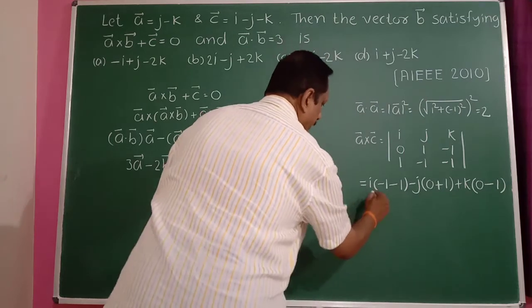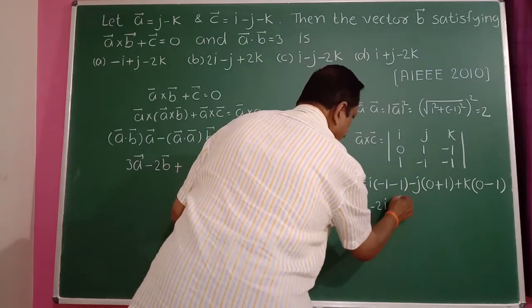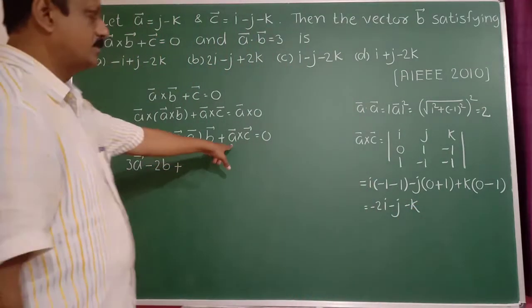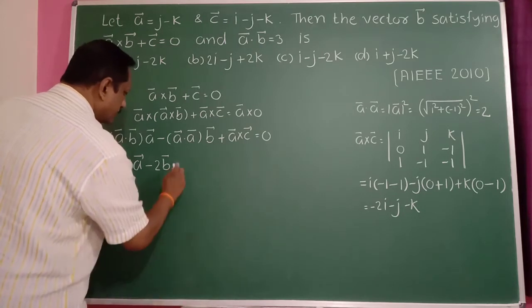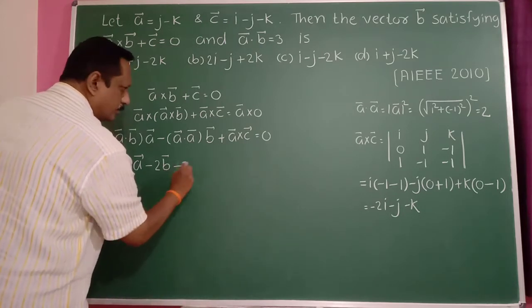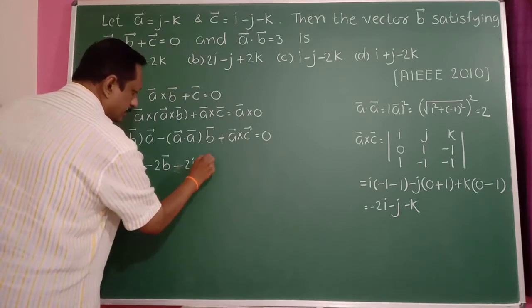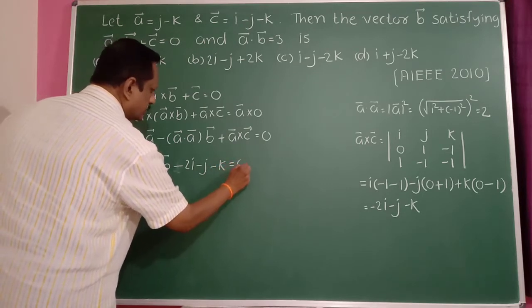Hence minus 2I, then minus J, then minus K. So A bar cross C bar is minus 2I minus J minus K is equal to 0.